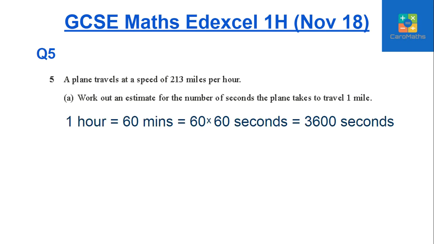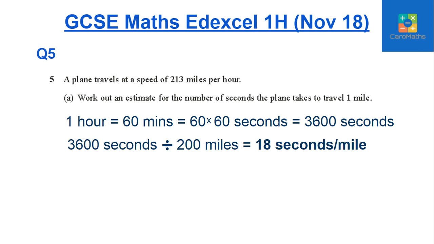So firstly, 1 hour is 60 minutes, and it's 60 times 60 seconds, so 3,600 seconds. Because the speed is given in miles per hour, but we want to know the number of seconds it takes to travel 1 mile, we take 3,600 seconds and divide it by 200 miles to give us 18 seconds per mile.